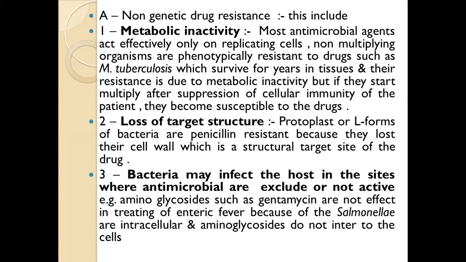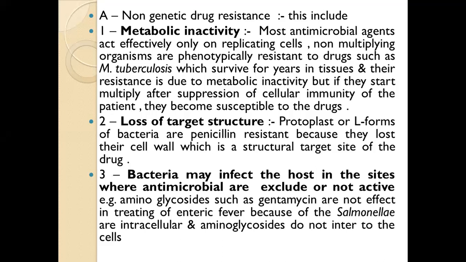And when the cellular immune response shifts to the humoral immune response, this leads to activation of Mycobacterium tuberculosis and development of signs and symptoms of disease. But at the same time, the bacteria become susceptible to the antibiotics used to treat the infection.